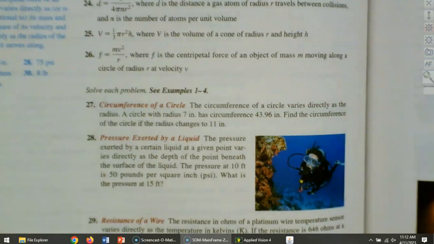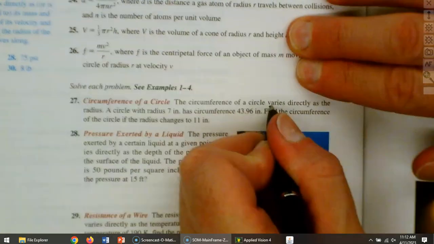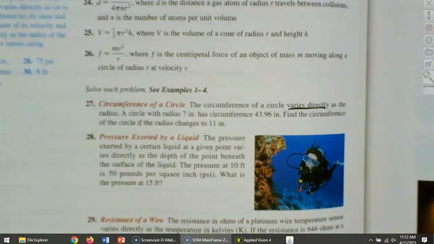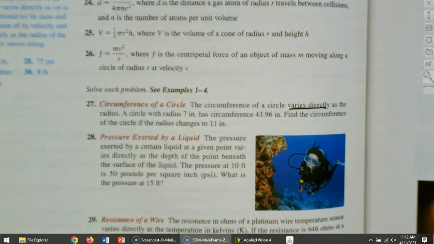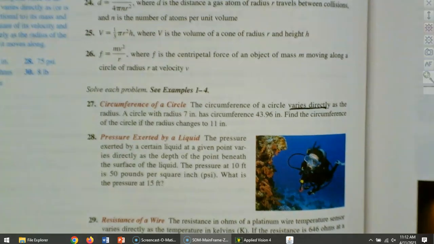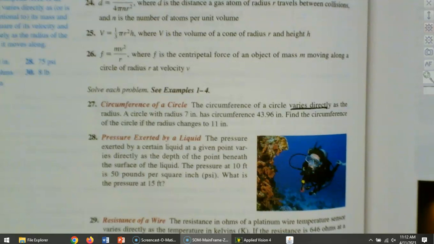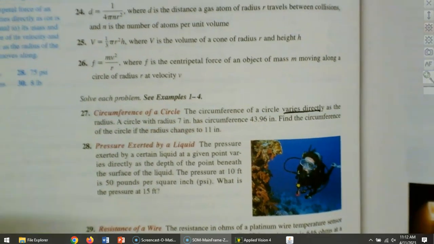Now, here's a key word right here. Varies directly. That tells me that this is a direct variation question. If it said inverse, you would have the fraction. It would be an inverse variation question. So the key things we look at first is what type of variation is it. This one's a direct variation. Now, we need to find our k.